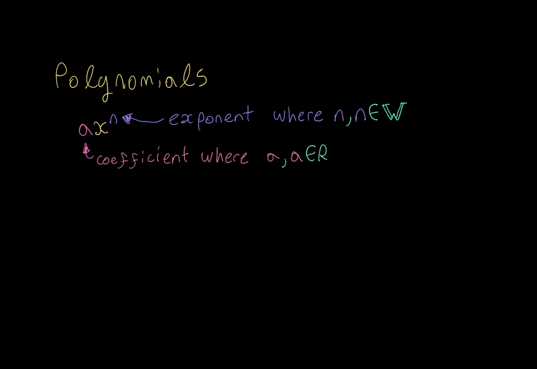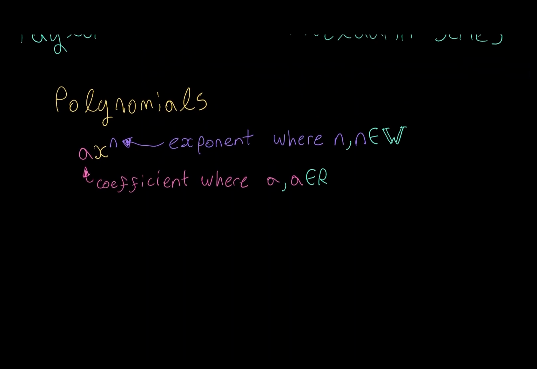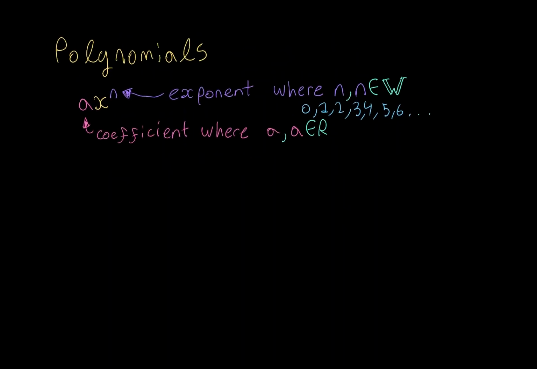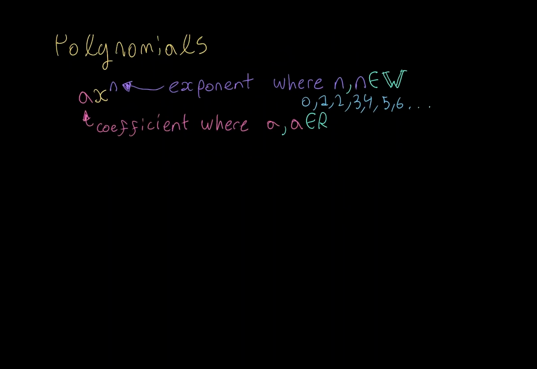There you go. That's what a polynomial is. So exponents have to be whole numbers. So that's 0, 1, 2, 3, 4, 5, and then 6, and so on, where a can be any real number.